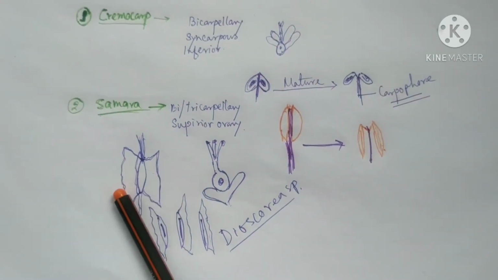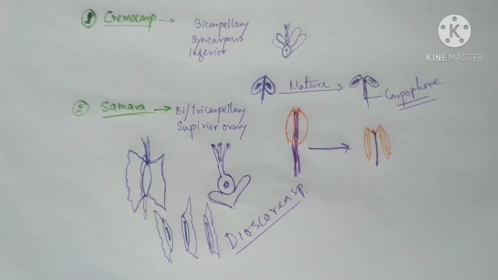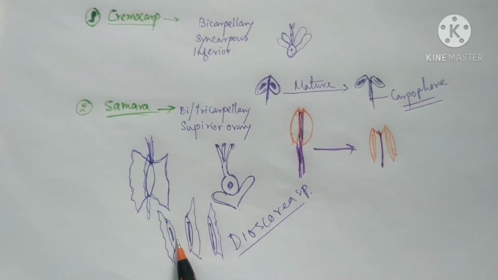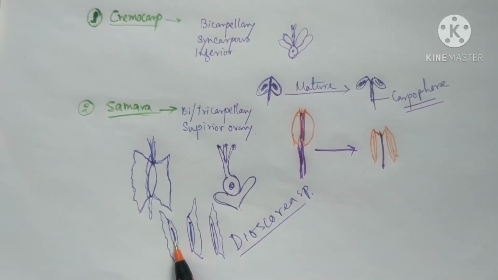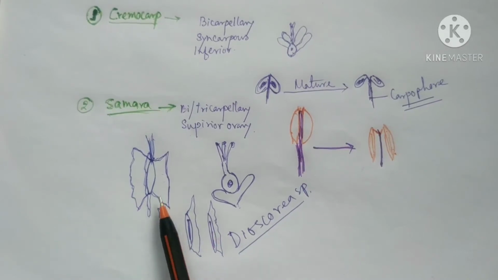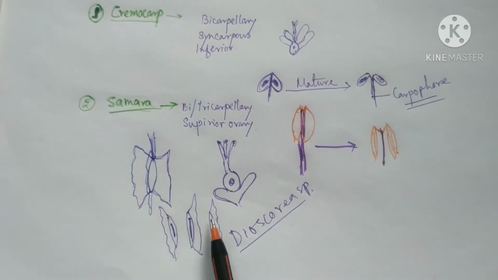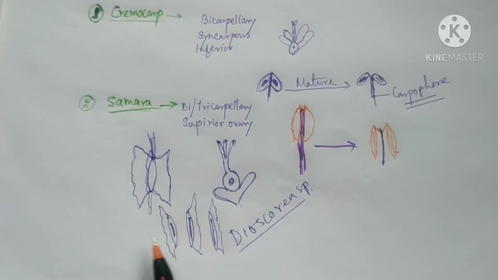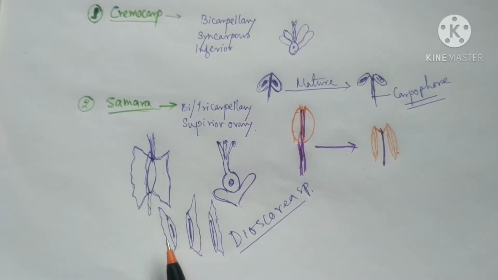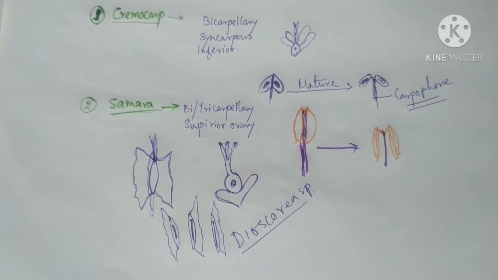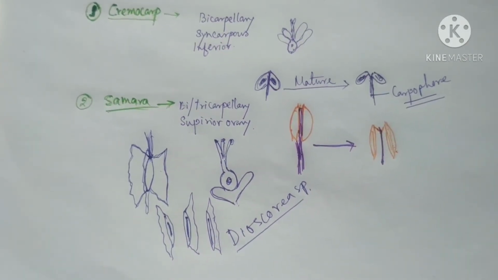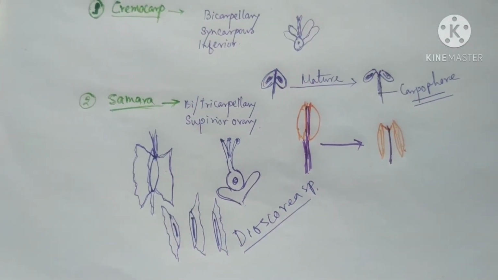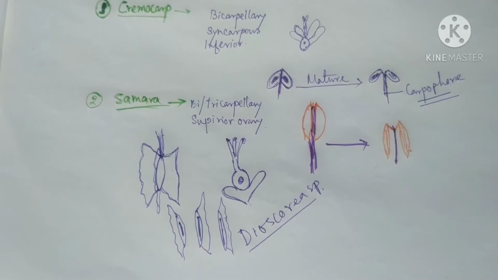This is double samara, when the fruit contains two or four chambers. But when the fruit contains a single chamber with a single seed, then this type of fruit is known as single samara.